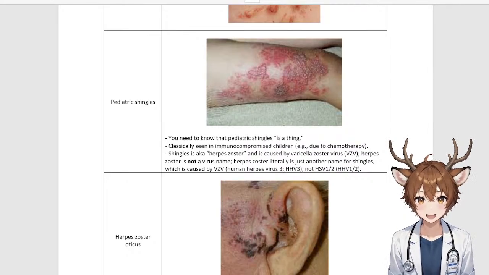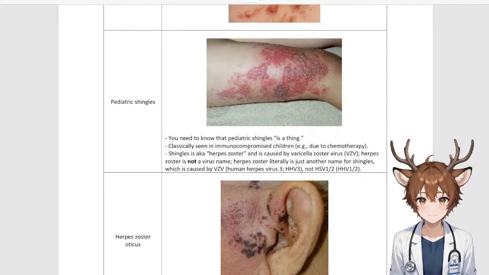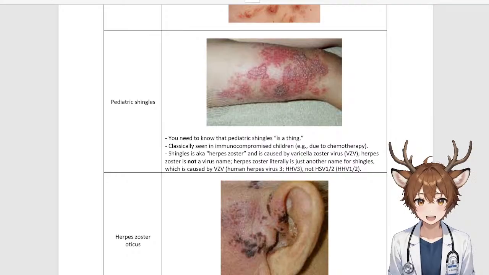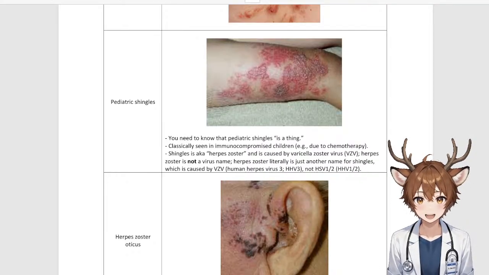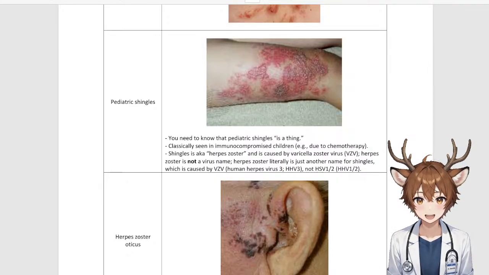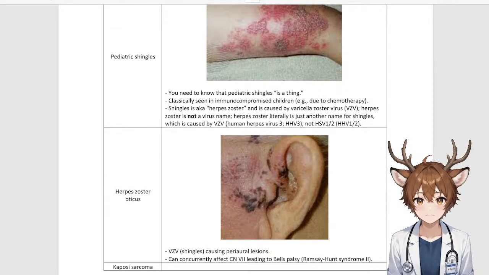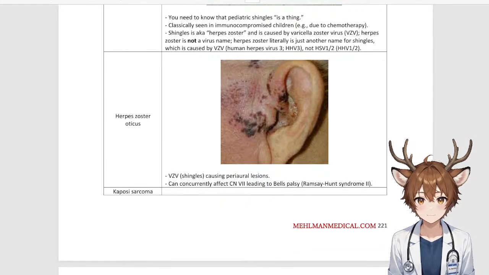Herpes zoster literally is just another name for shingles, which is caused by VZV, human herpes virus 3, HHV3, not HSV1 or 2. Yeah, so HSV1 and HSV2 are HSV1 and 2, but this is HHV3, which is varicella zoster virus.